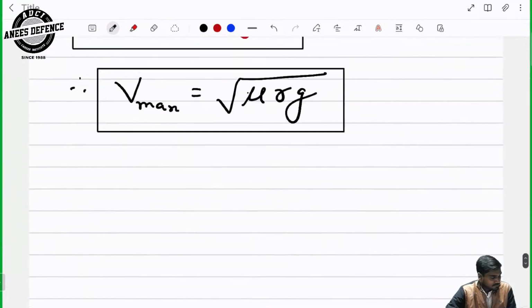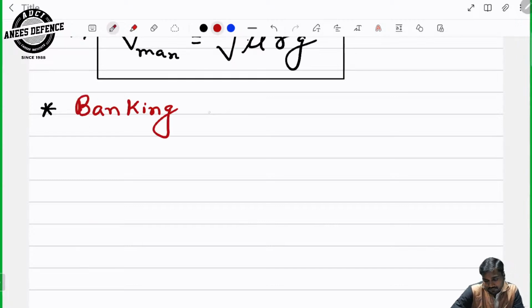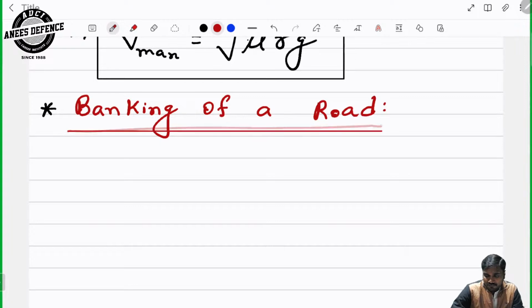Next, we will learn banking of a road. What is the meaning of banking of road?